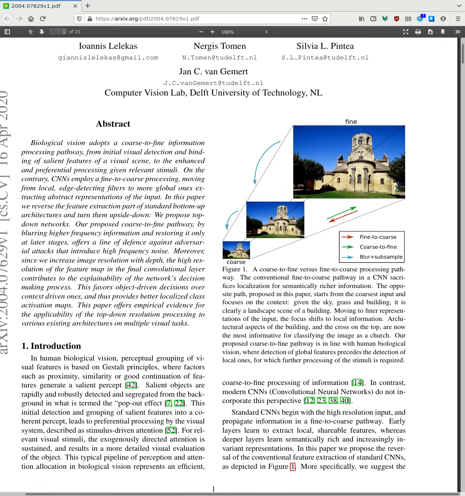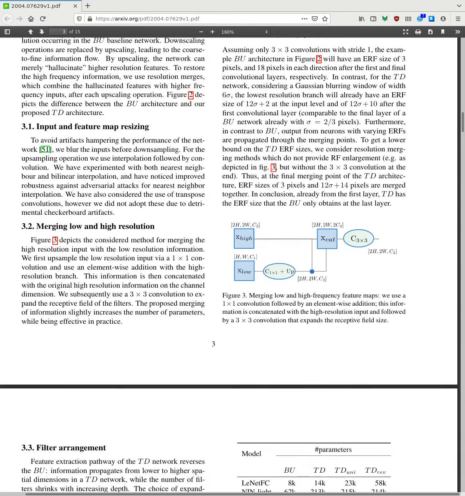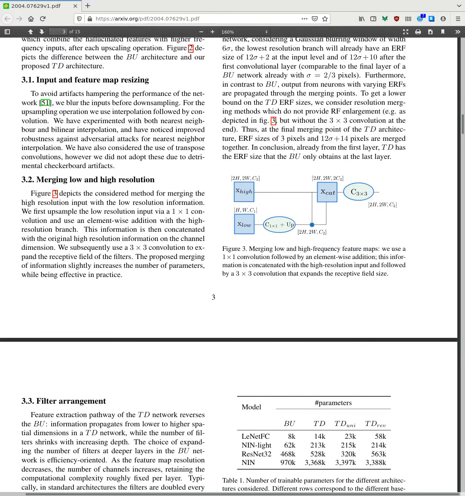So how do they actually do this? The principle of the calculation is the following. They have the low resolution, so they use a 1:1 convolution kernel. Then they upscale to the resolution of the next step, the higher resolution.